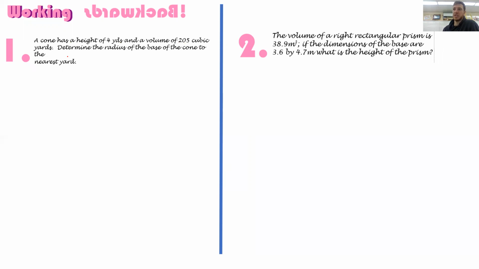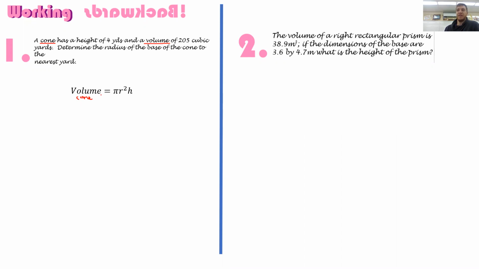So whenever you're doing these questions, we're talking about volume and we're talking about cone. So the first thing you need to do is write down the formula for the volume of a cone.